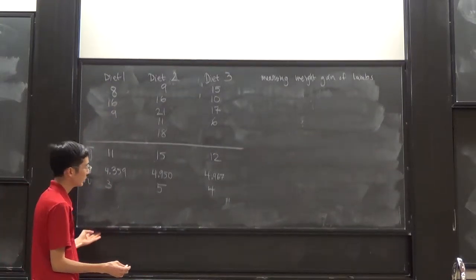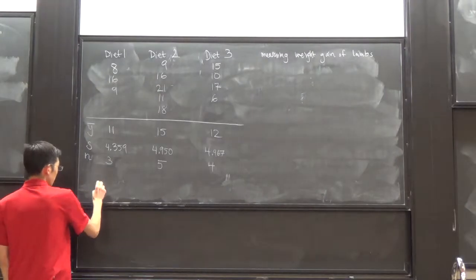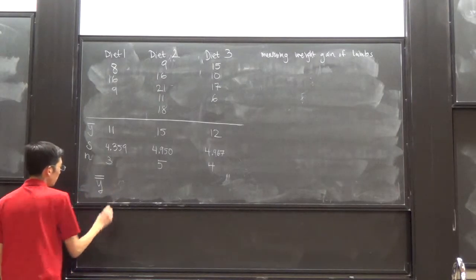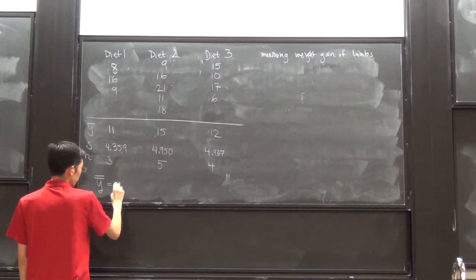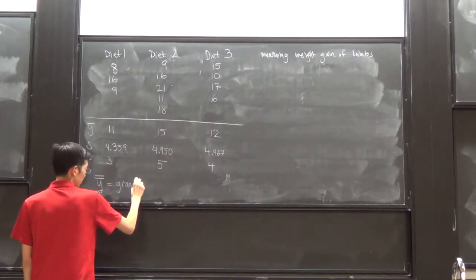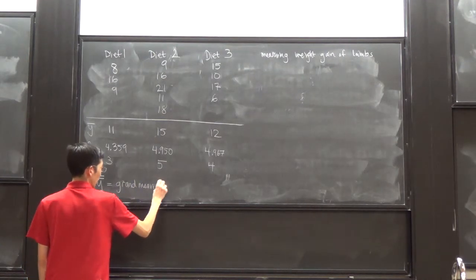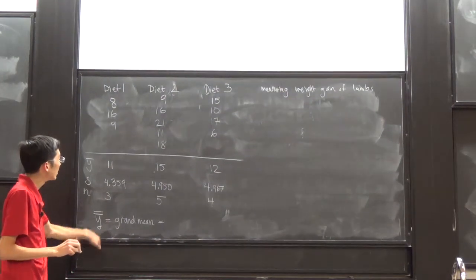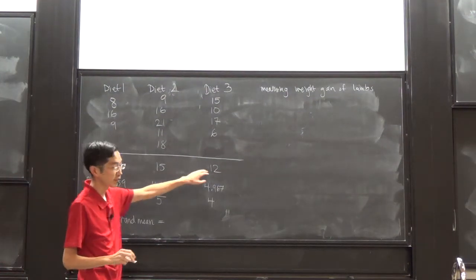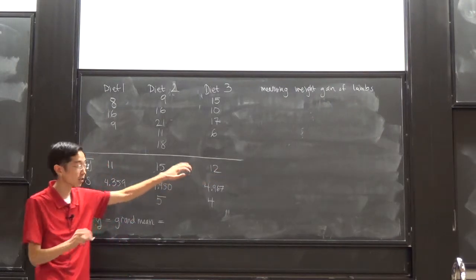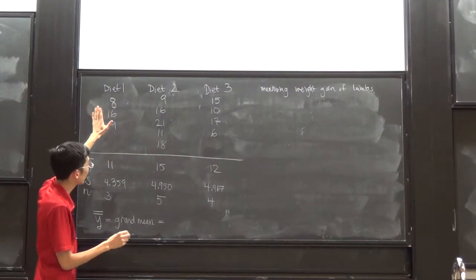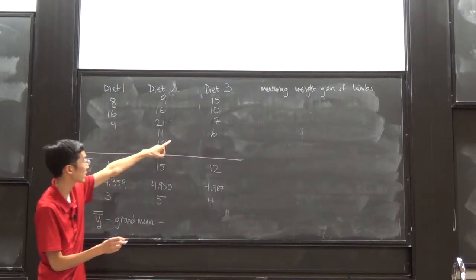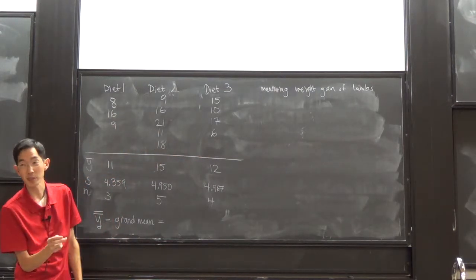We have a number called y double bar, which is known as the grand mean. The grand mean is found by not taking the average of 11, 15, and 12. Okay? It is found by adding up all the numbers that we have. So in this case, we have 12 numbers.